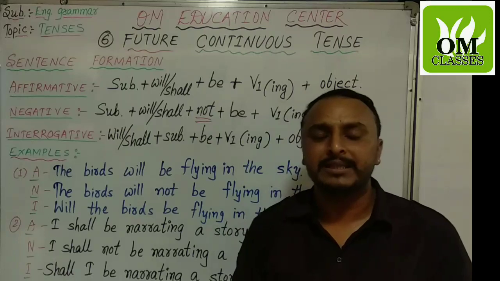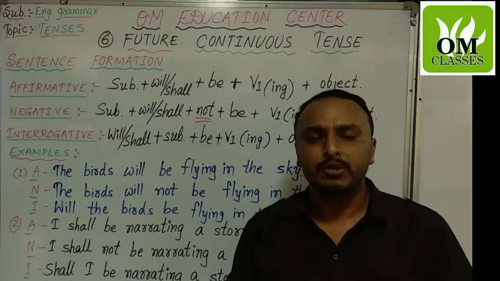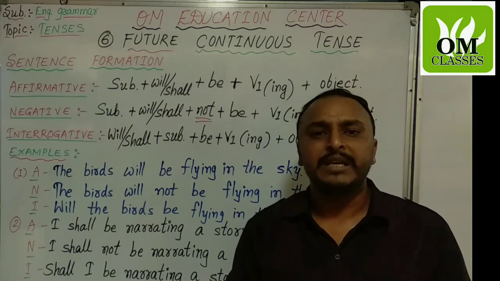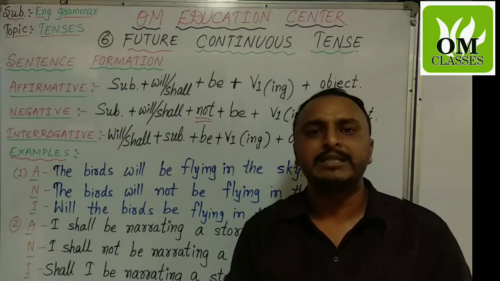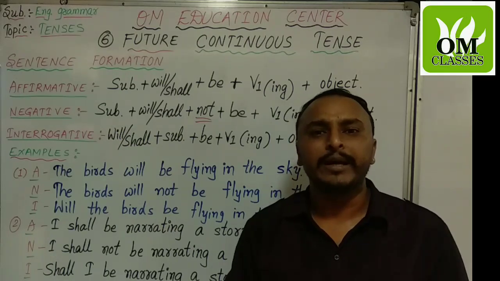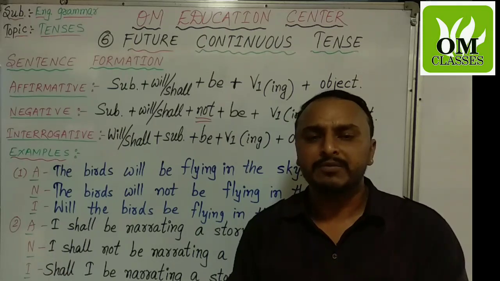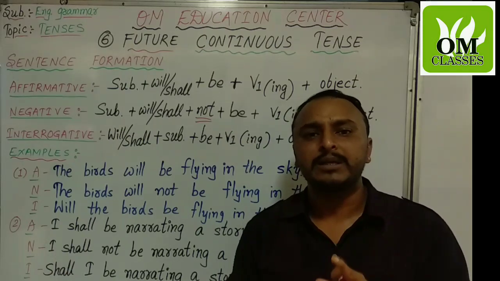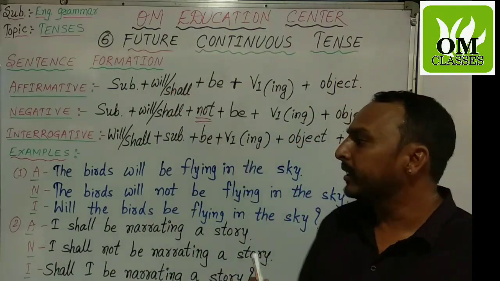Let me repeat this. For affirmative, subject plus will, shall plus be plus V1 ing plus object. For negative, subject plus will, shall plus not plus be plus V1 ing plus object. For interrogative, will, shall plus subject plus be plus V1 ing plus object plus question mark. So this way, the sentence formation should be absolutely clear in your mind.